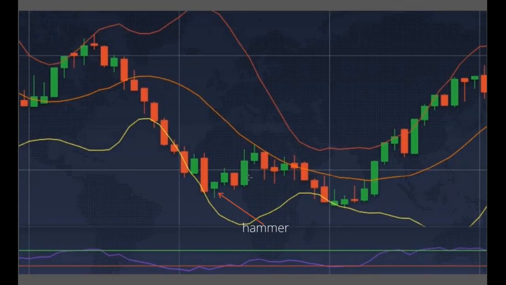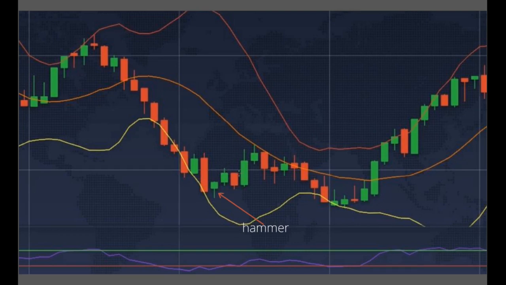So the first candlestick we are going to be talking about is the hammer. You can see this is the hammer. The hammer is a very strong reversal candle.